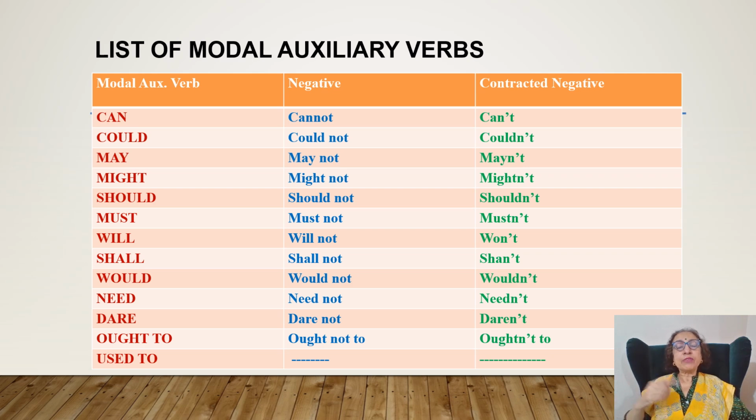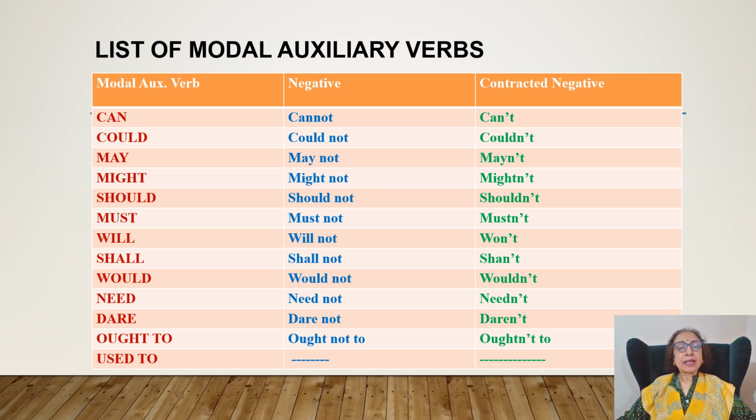This is a form which is used as a verb. The root form has, as I told you, many distinctions. You have the present tense, the past tense, present participle, past participle. These we have seen for the primary auxiliary. Here we do not have that. Here we have the list.